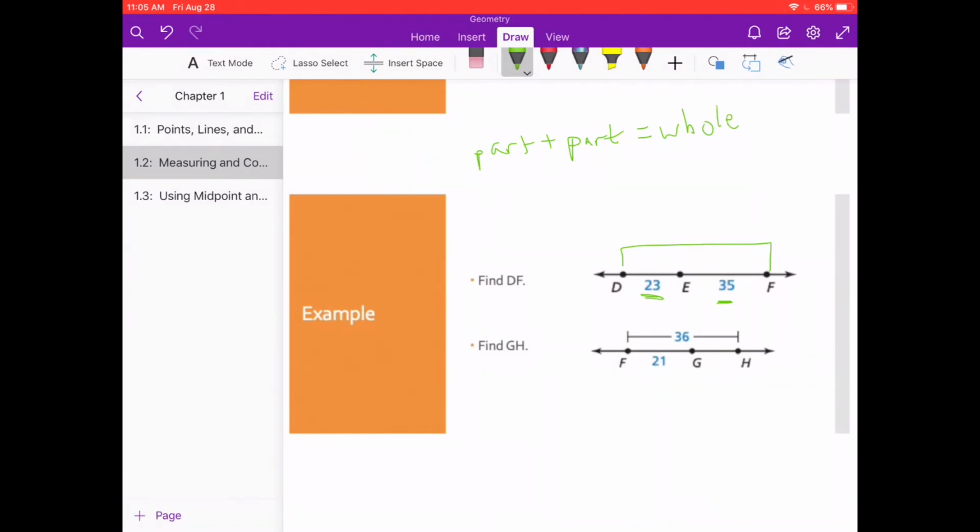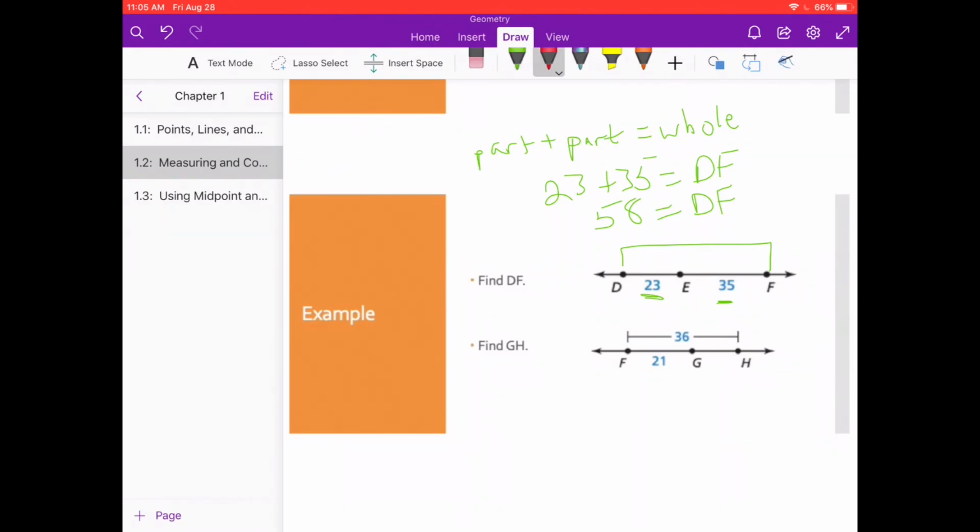So in this case, 23 plus 35 is equal to DF. 23 plus 35 is 58, so DF equals 58.